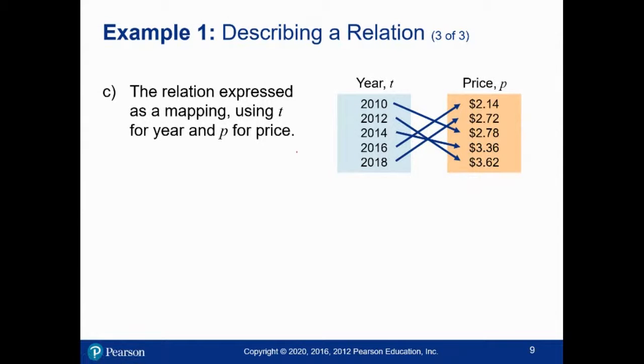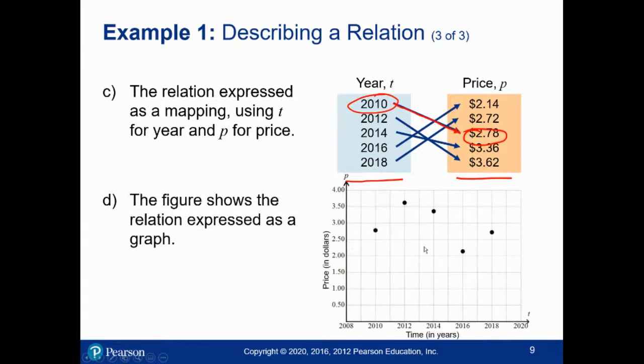Okay, we could also draw it as a mapping where we list out elements of the domain, we list out elements of the range. They've done it in increasing order on both, but honestly, you can do it in whatever order you want. You just draw the arrows to match them up. So this arrow here, for example, tells me that in the year 2010, the average price was 2.78.